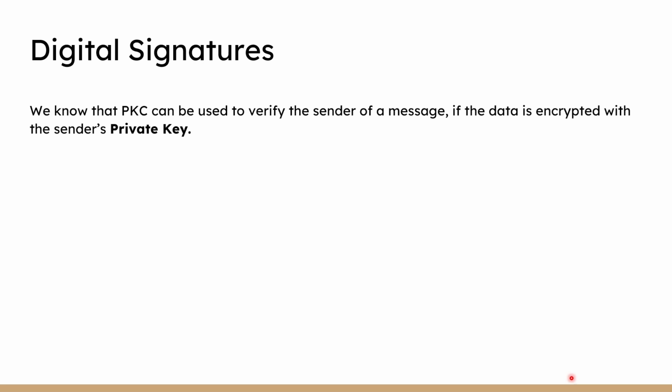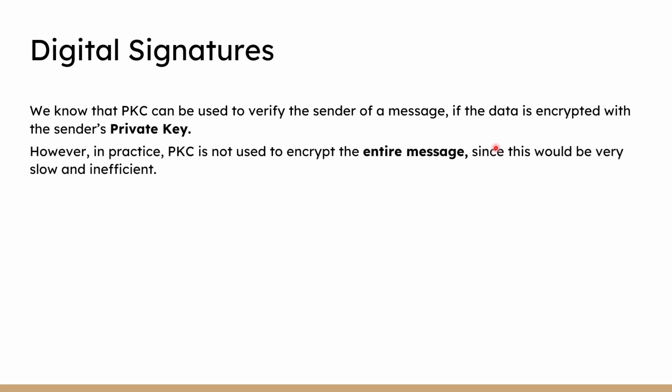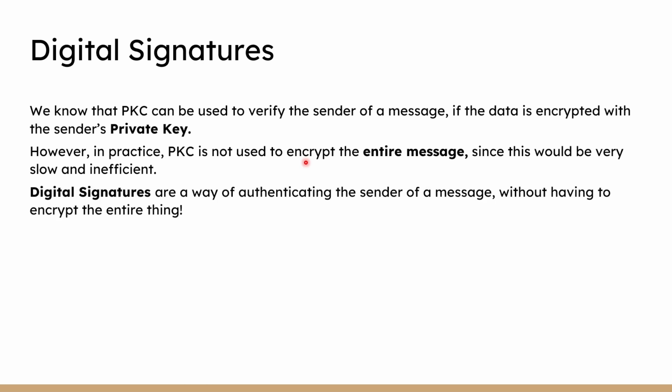We already know that you can use public key cryptography to verify the sender of a message. So we can be sure of who sent the message because the sender can encrypt it with their own private key, and then only their public key can decrypt it. But of course, in practice, we don't use public key cryptography to encrypt the entire message because this would be slow.